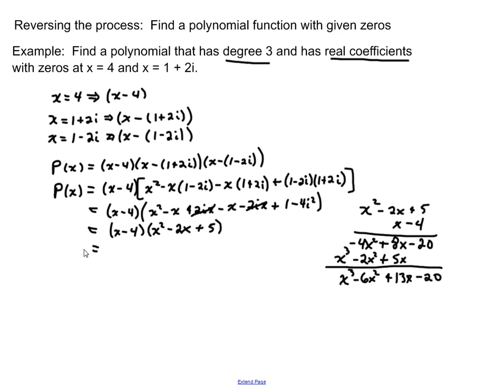And so p of x, when we simplify it down completely, should be x cubed minus 6x squared plus 13x minus 20. Well, there we go. That's what we were looking for, and so we're done.